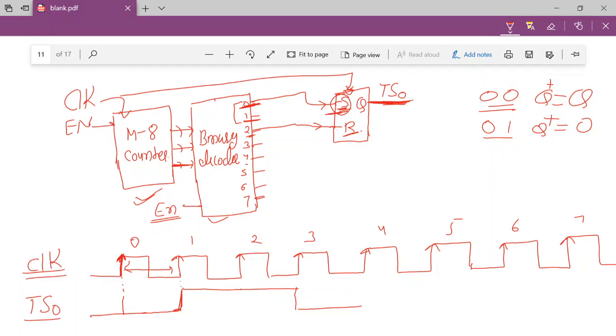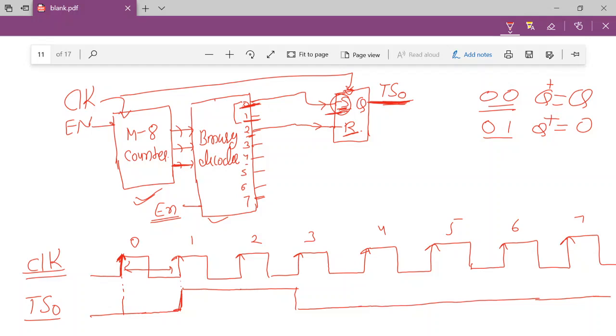That means in this complete clock cycle, till the 7, this TS0 is going to be low. That means we have generated a signal which remains high for 2 clock cycles, right?